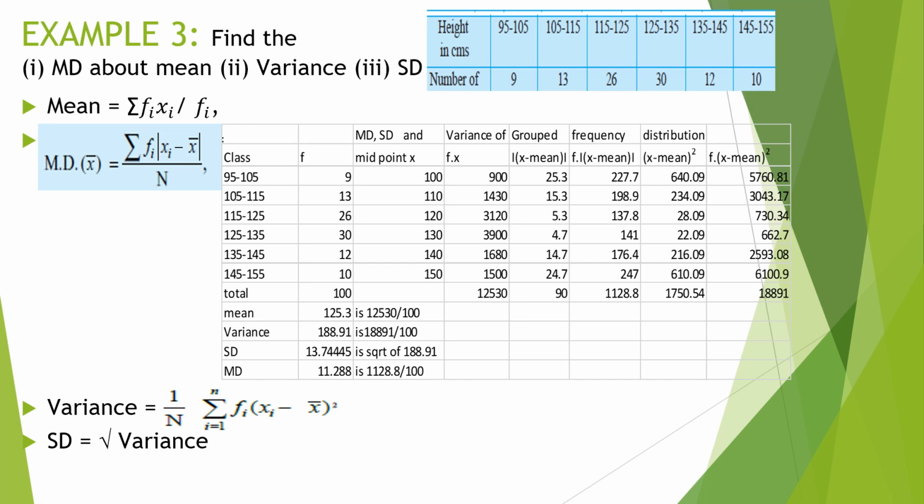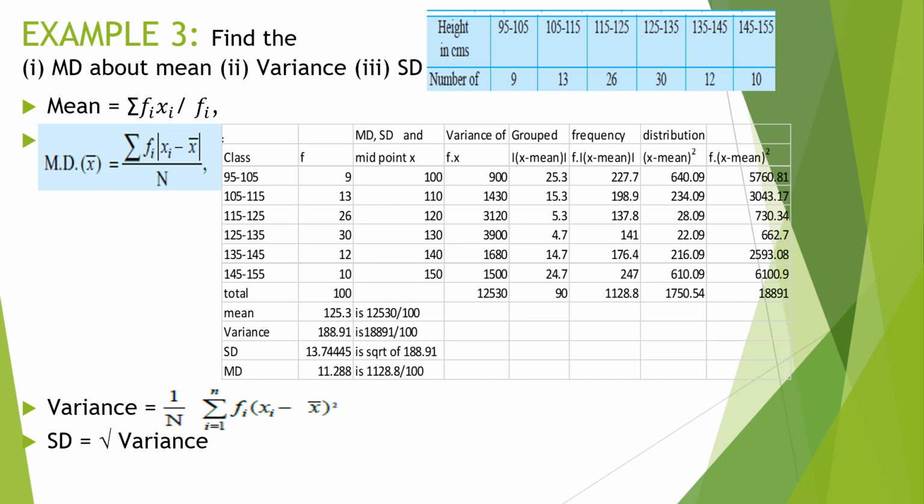For the first class, 9 into 25.3 is 227.7, and so on. The total of these values is 1128.8. Divide this total by sigma f, that is 100. So the mean deviation, MD, is 1128.8 upon 100, which is 11.288. The mean deviation about the mean is 11.288.